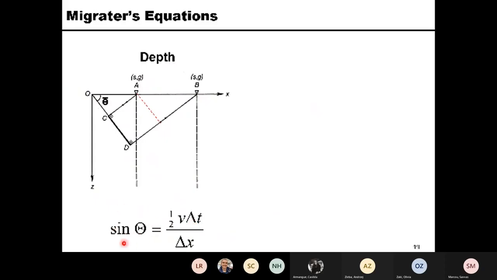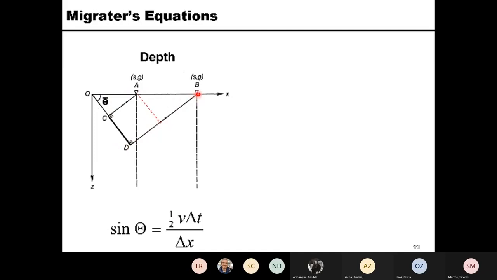Okay, so you can see the sine theta equal to delta x. This is delta x, right? This angle equal to this angle, right? I have a red dashed line here. This theta bar, we can have a theta bar here. Theta bar, if we define a sine theta bar, is opposite length, this one, from here to here. That's a half of the V delta t. Delta t means that from here to here, and then from here to here, the same travel time, right?